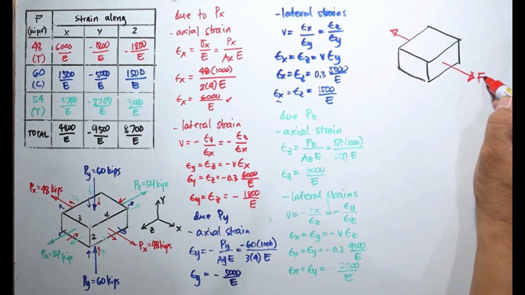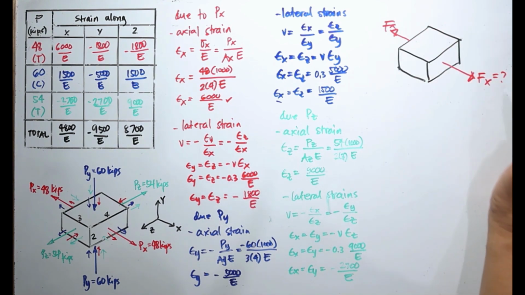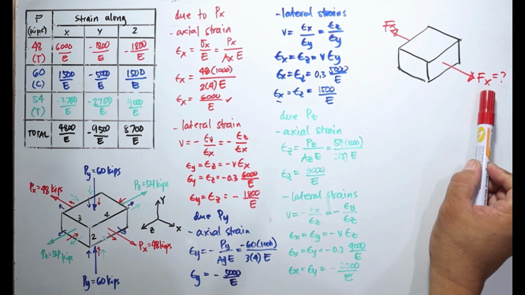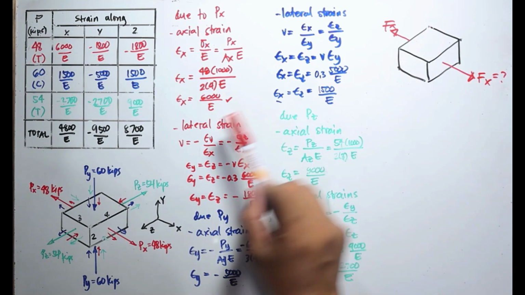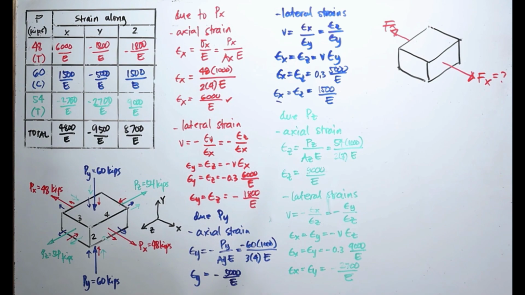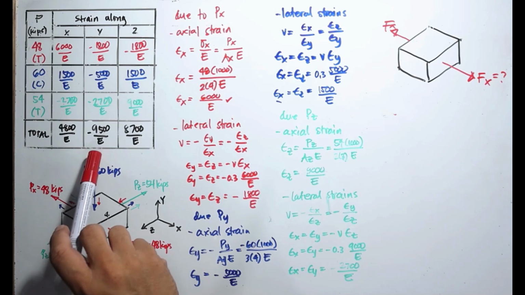Let's call that F sub x, which we do not know. According to the problem, this Fx should cause a lateral strain along y that is equal to the original loading. The lateral strain here is negative 9,500.